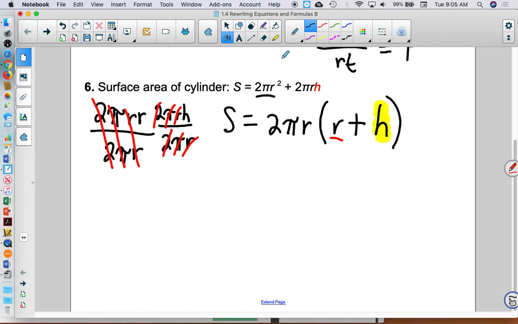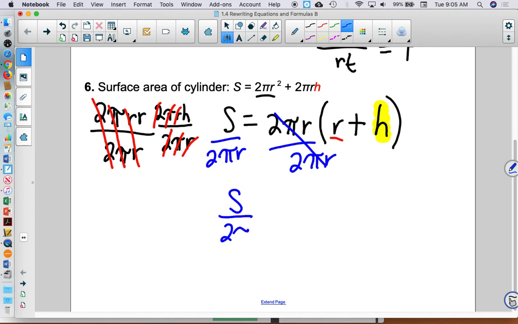To undo multiplication, I do what? Division. So I'm going to divide both sides by 2 pi r. These two cancel each other out because 2 pi r divided by 2 pi r is going to give you 1. So I have S over 2 pi r equals r plus h.